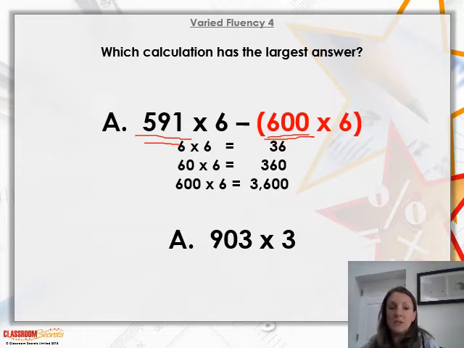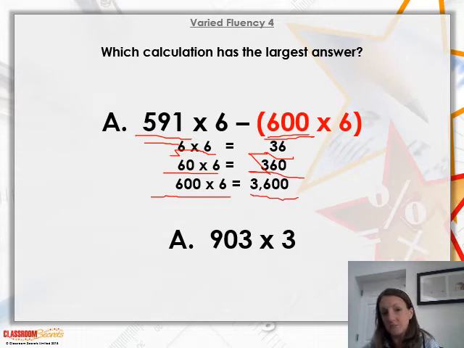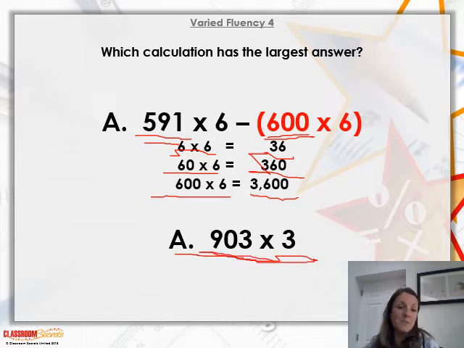Well, let's use the multiplication facts we know. 6 times 6 is 36. 60 times 6 would be 360. Oh, sorry, crazy mouse. And 600 times 6 would be 3,600. I want you to pause the video and see, using rounding now, can you look at what your estimate for 903 times 3 would be?